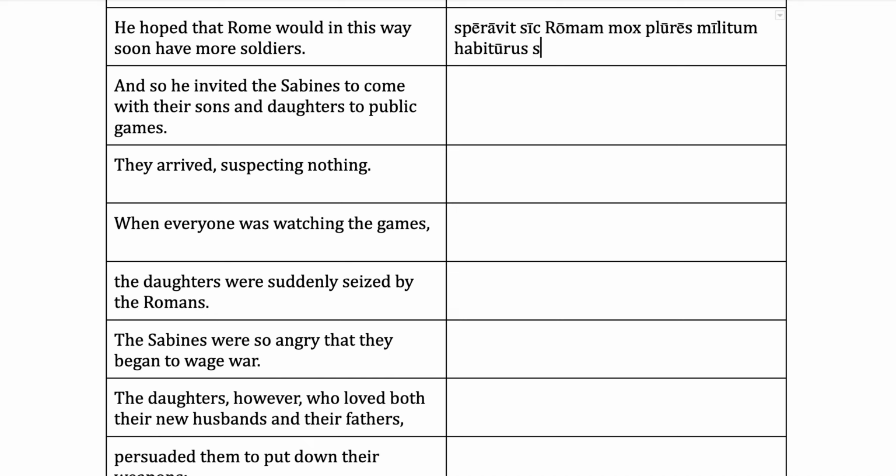And then you have the infinitive of the verb to be, esse. And there's just one more change that we have to make, which is that this is a participle, habiturus, so it has to agree with the noun that it's referring to. And the noun that it's referring to is Romam. So therefore we need to make this feminine accusative singular just like Romam. So habituram esse.